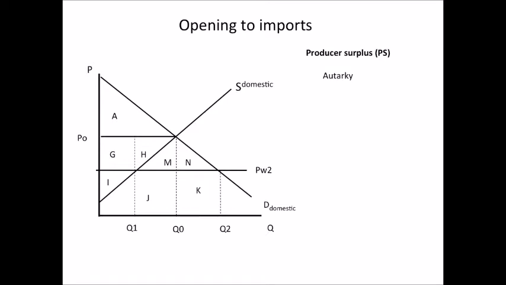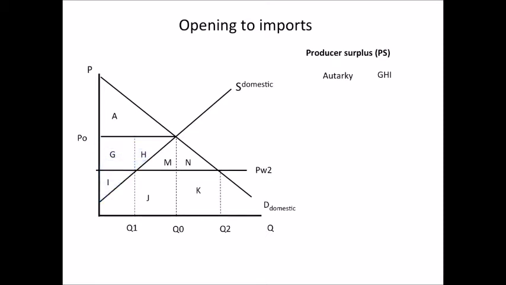So at autarky, we're going to have a measure of the benefits to producers, i.e. the producer surplus. That will, at price P0, be depicted as G, H, and I. So that is the payments to fixed factors plus economic profit to the domestic firms when they don't have any international competition to worry about. That is at price P0.